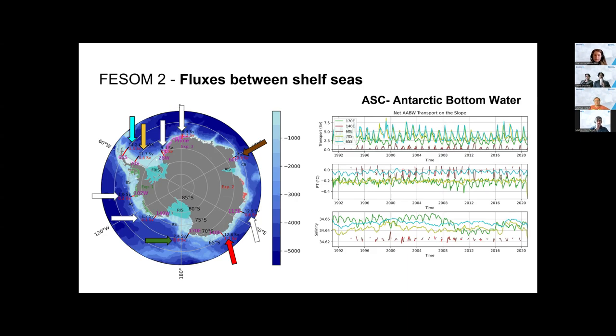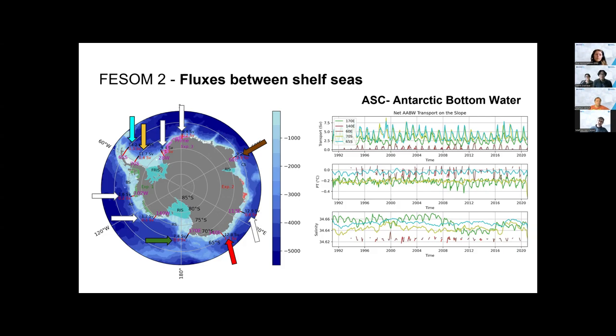So the next step was to check where we can see export of Antarctic bottom water from our model. I defined some thresholds for the Antarctic bottom water and calculated the transport along each of these sections. Everywhere you see white arrows on the map is where we don't have any signal of the Antarctic bottom water, and the colors indicate where we have signals of it.